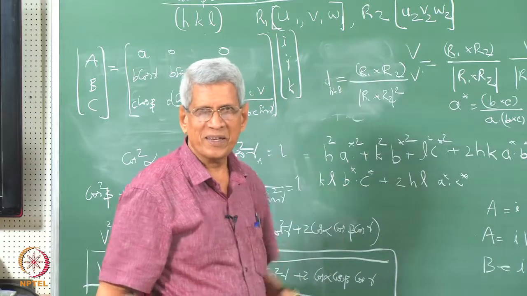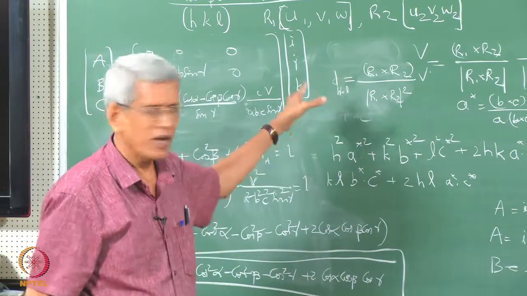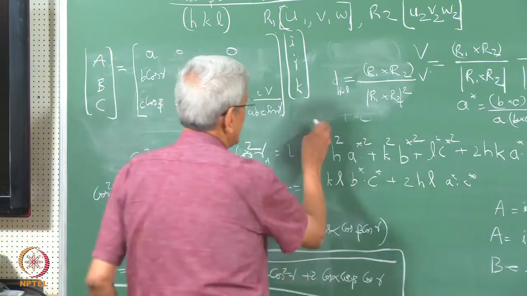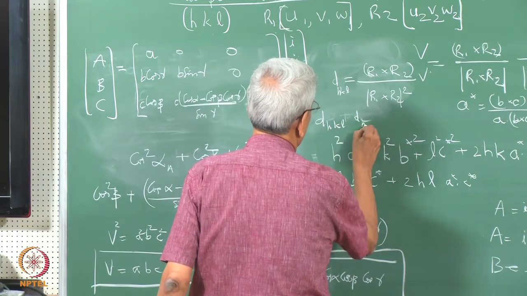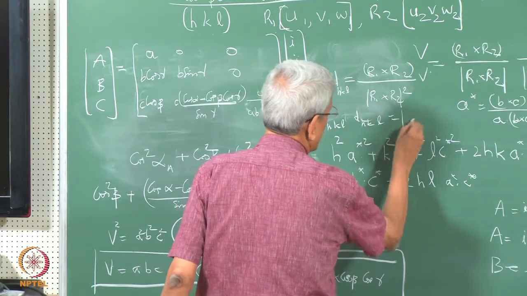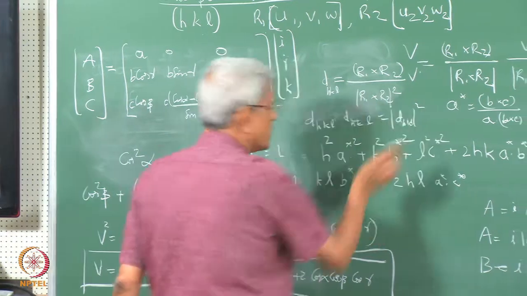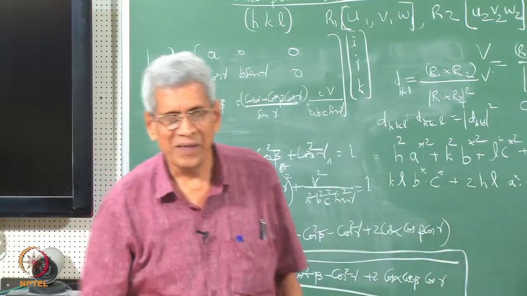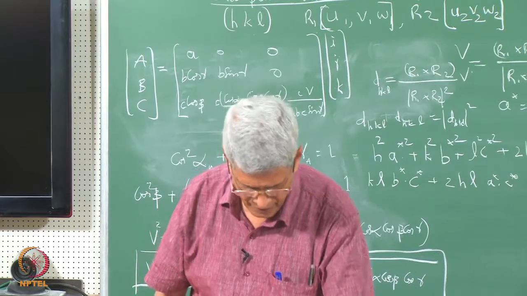Substituting this we can get this expression. Then d_hkl dot d_hkl will be equal to the modulus of d_hkl the whole square, from which we are able to find a general expression.